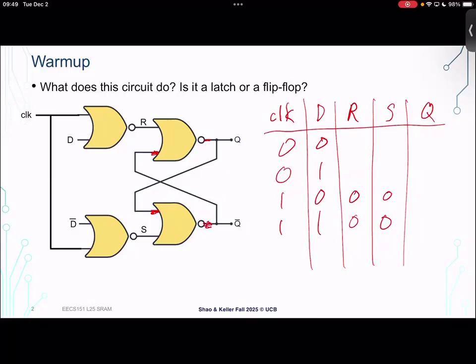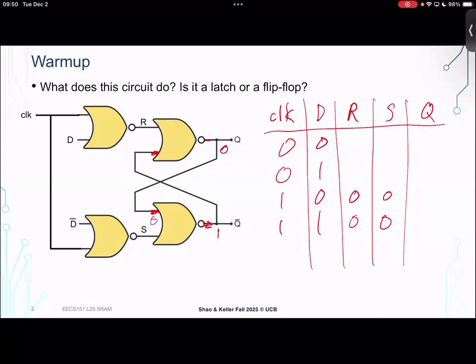So what is this cross-coupled circuit doing when R and S are 0 like this? Let's look at an example. If Q is 0, then this is 0, then Q bar is 1, right?